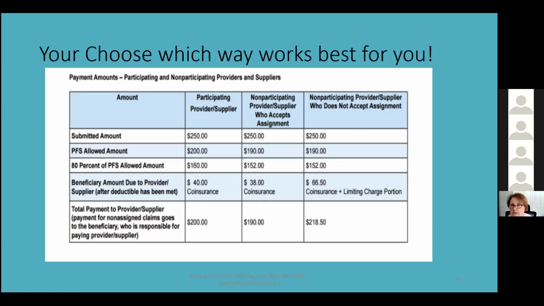course. It's very simple. However, you see that you still get the 190, non-participating. The difference again is what they approve as the total amount: 152. So again, participating is getting the higher amount. However, the co-insurance and the limiting charge portion pays you at a higher rate.